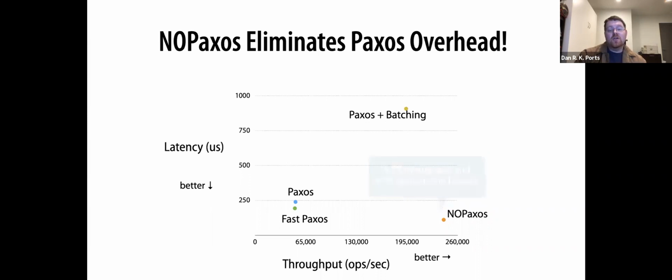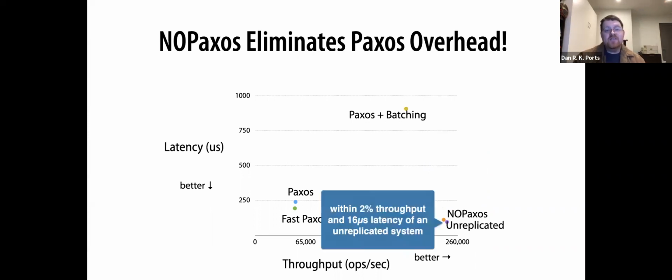But I think what's even cooler is we did a comparison against an unreplicated system. This is one that isn't fault tolerant. It just has 1 copy of the data. And as you can see here, the performance of network ordered Paxos is mostly indistinguishable from this unreplicated system, even though it provides really strong fault tolerance guarantees.